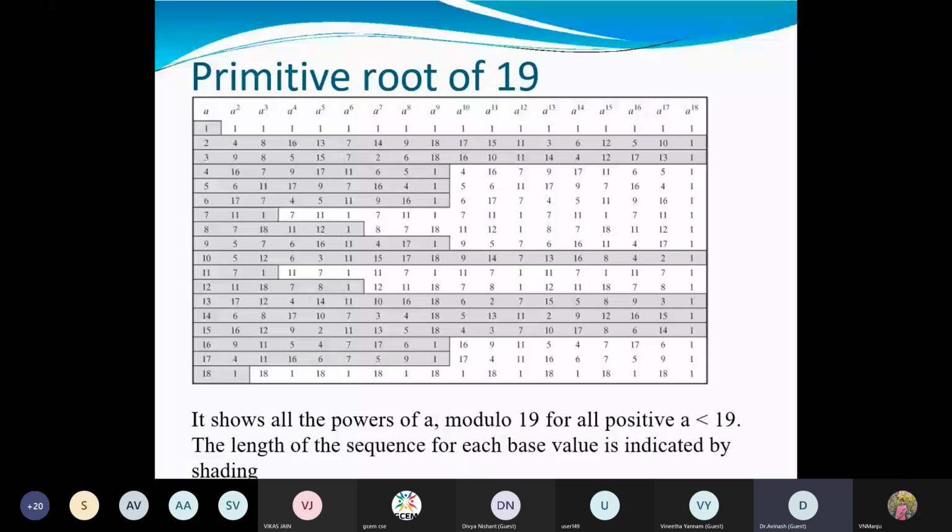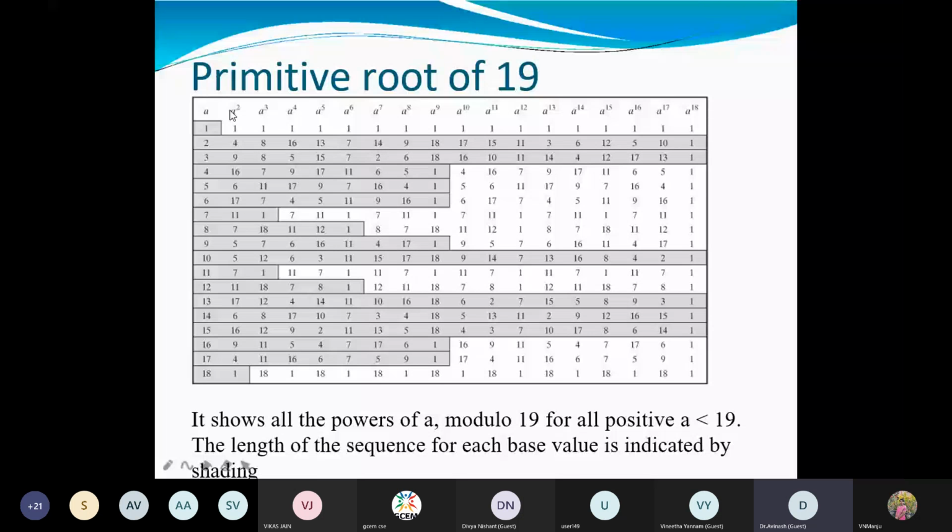It shows all the powers of a modulo 19 for all positive a less than 19. The length of the sequence for each base value is indicated by shading. For example, you can see here a square, a cube, a4, a5. These are the different powers of the number a, and we see the numbers shown here, 1, 2, 3, 4, and so on. When it is shown as a square, we can see these numbers: 4, 9, 16, 6, 17.